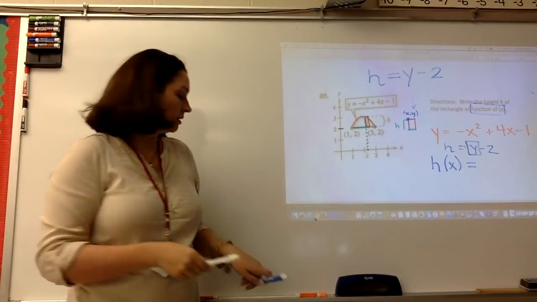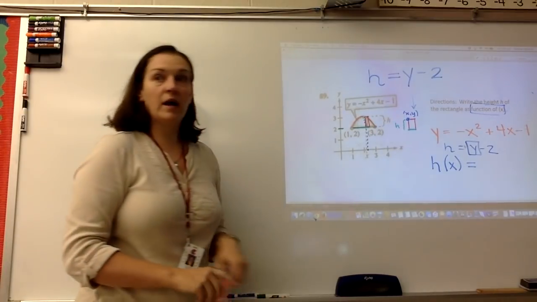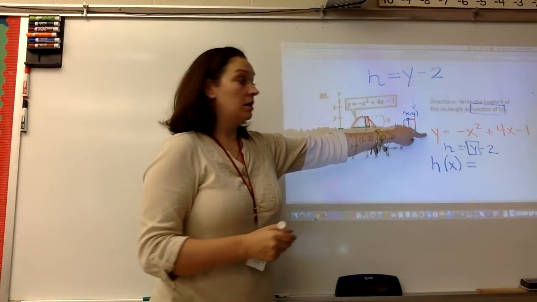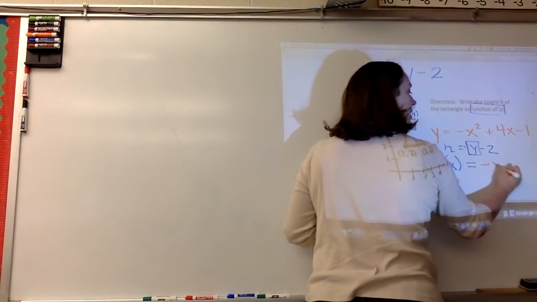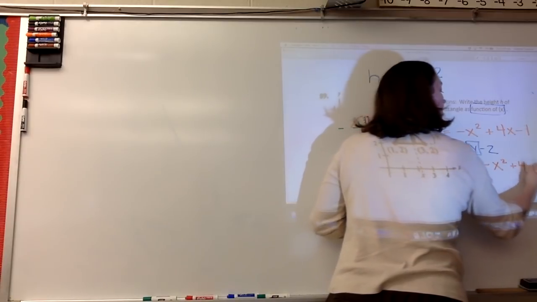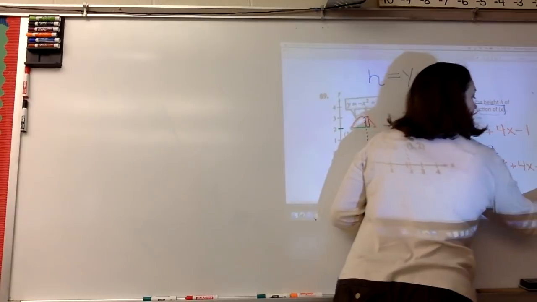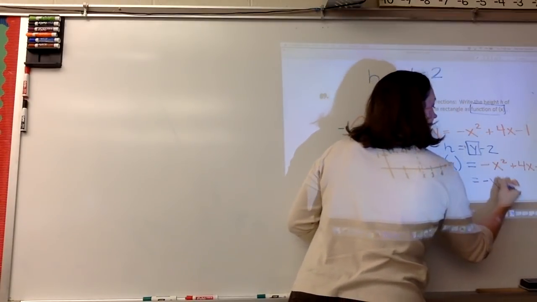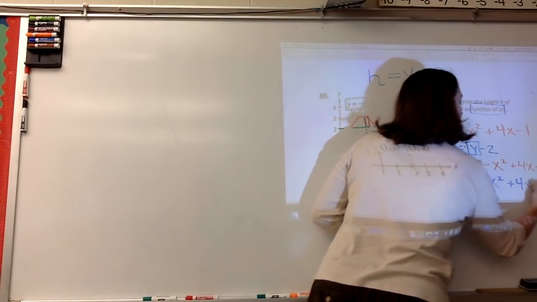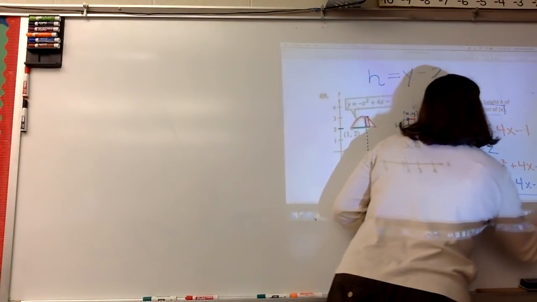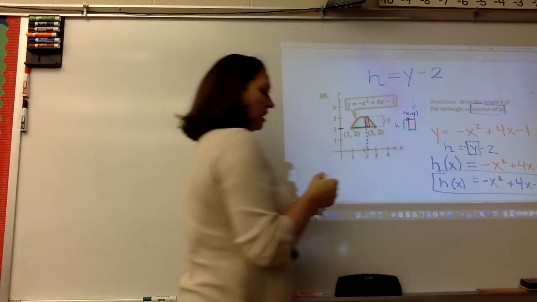What is y? Negative x squared plus 4x minus 1. But then at the end, I still need to write the minus 2. Combine like terms. Now do I not have an equation for the height in terms of x?